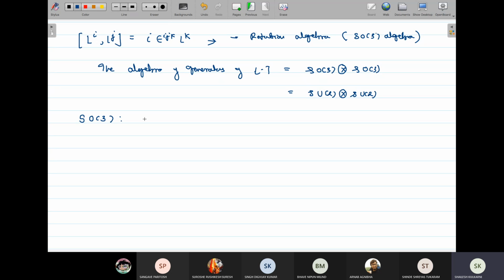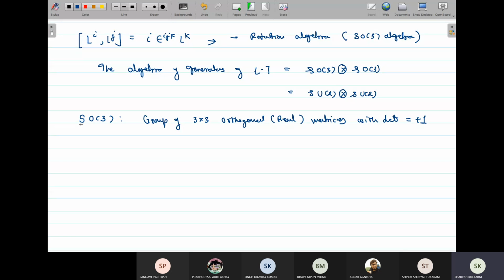SO3 is the group of 3 cross 3 orthogonal, that means real, matrices with determinant equal to +1.